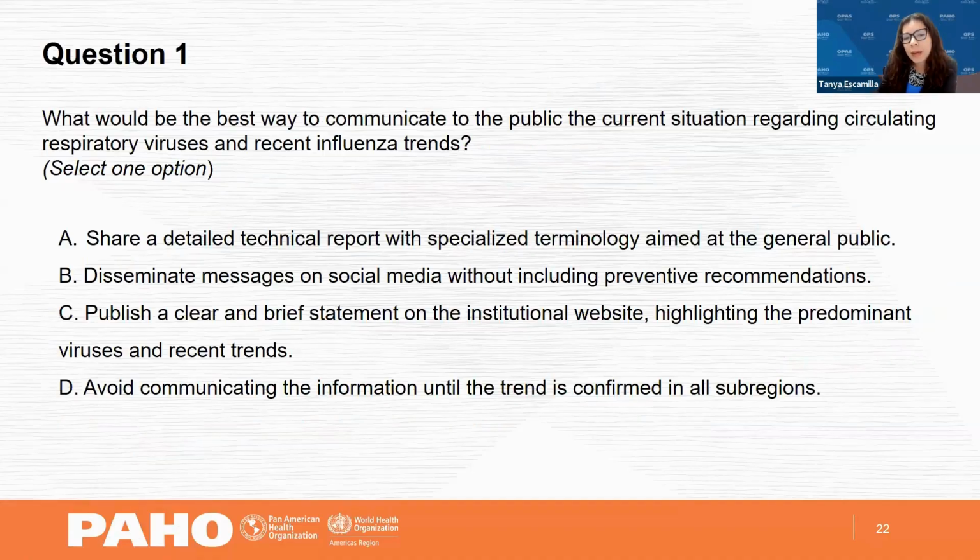The first question could be, what would be the best way to communicate to the public the current situation? We would like to highlight, of course, that there is current influenza and recent influenza trends. And we need to remember the importance of the inclusion of science. We need to translate the data as preventive action.